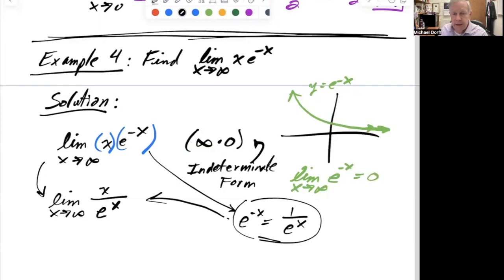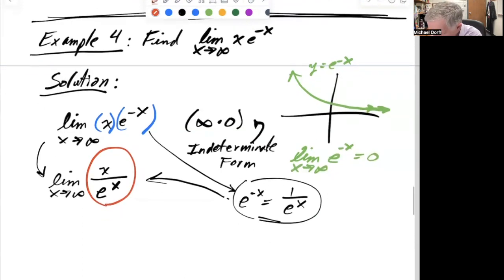All right, so we're taking e to the negative x that's in the numerator and rewriting that as 1 over e to the x. And so we still have the x in the numerator. So then I'm going to get what I have here, x over e to the x. So that's equivalent to what we started with.